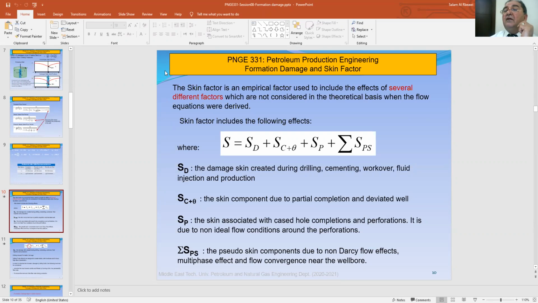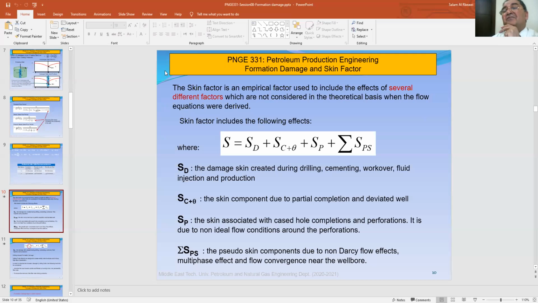And the damage caused by the injection process, if we have an injection process, and the production process. See what I'm saying? So the mechanical skin factor plus the skin factor from the injection process, if we have injection, and the damage caused by the production process all together give you the first type of skin factor, that is S sub D. This is the first one.